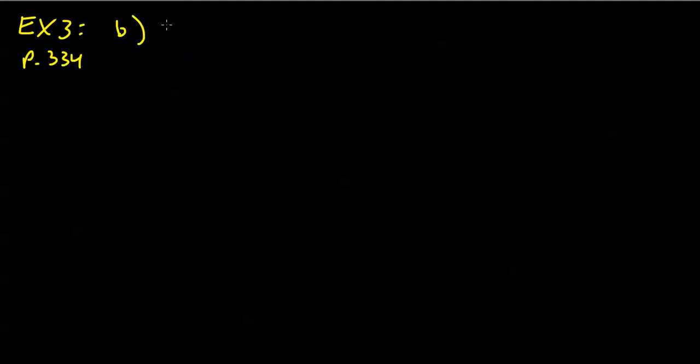Let me write that down. Find the 95% confidence interval. I think you'll find in most books they abbreviate confidence interval with a cap CI, so I'm going to do that here.